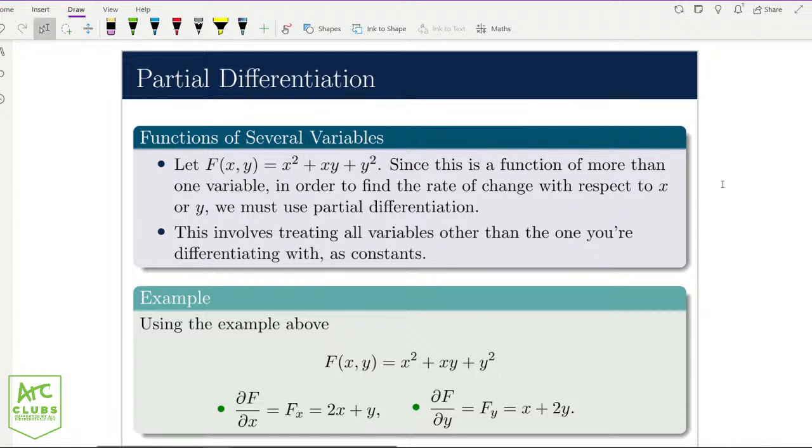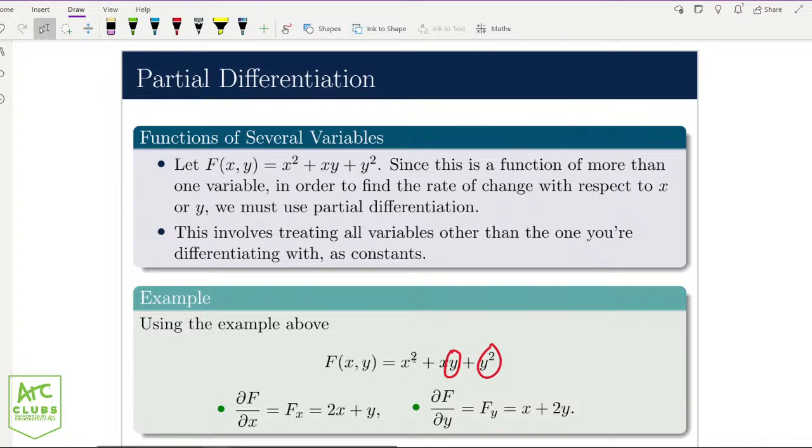Here's an example of how we can apply partial differentiation. If we have this function f, and we want to take the partial derivative of f with respect to x, then we treat all the y's as constants, since they are not the variable we are differentiating with respect to.